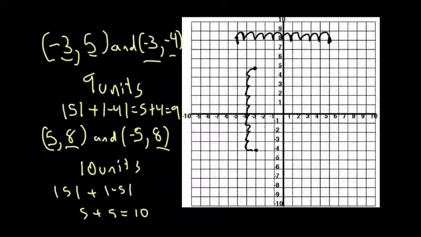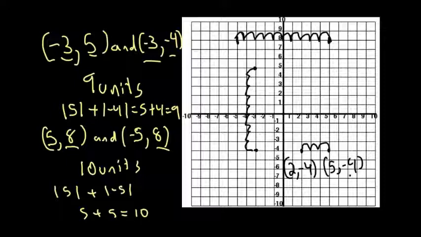Now let's see what happens if we don't have that. Let's say we started at 2, negative 4 and 5, negative 4. If you look, that's only 3 spaces. So how can we do this? We started at 2, negative 4, and we stopped at 5, negative 4.